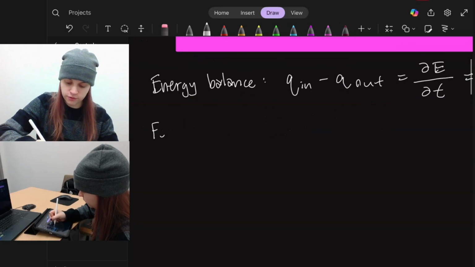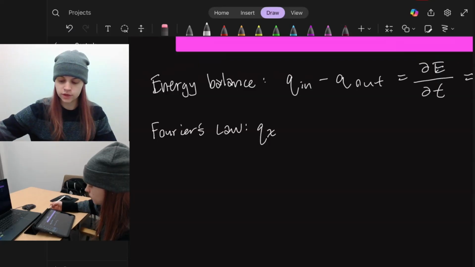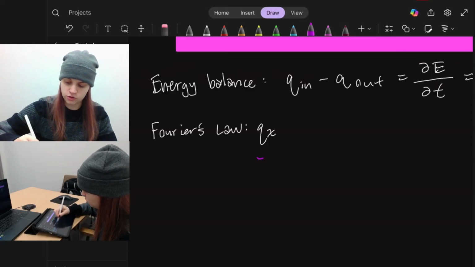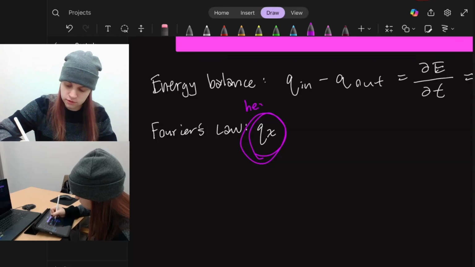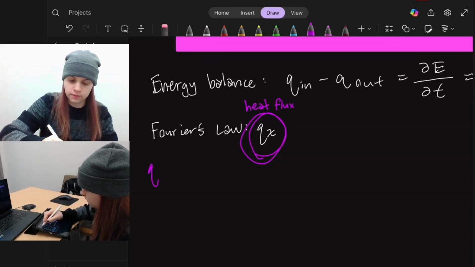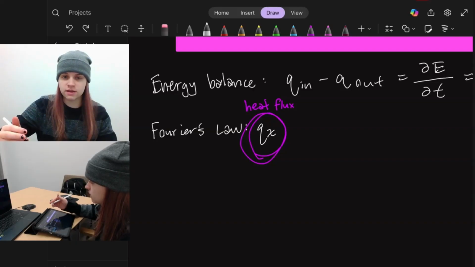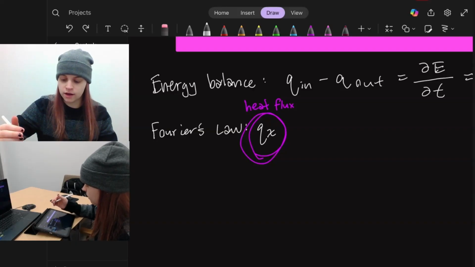We also know Fourier's law. I should also mention that this Q is heat flux. So in the past, I've been using Q as a volumetric flow rate, but this is heat flux. So we'll have different units, and it's basically describing how heat moves in or out or through the system itself.